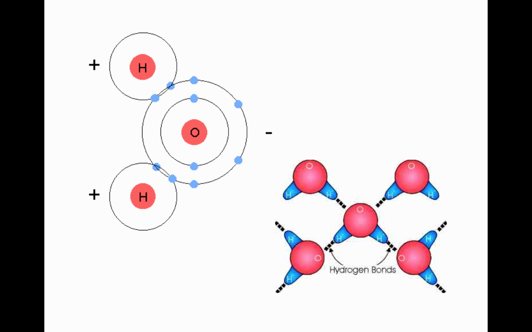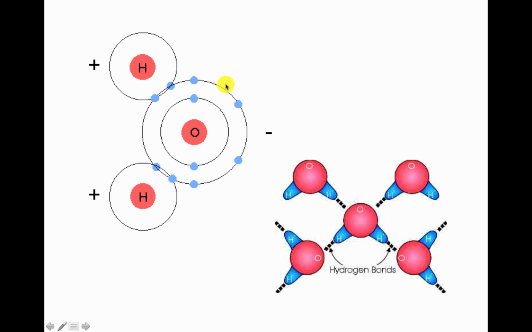Single covalent bond. But we have created a polar molecule. Thus, these covalent bonds are polarized. And what you see here is a negative. What that means is oxygen is bigger. You can see the size.